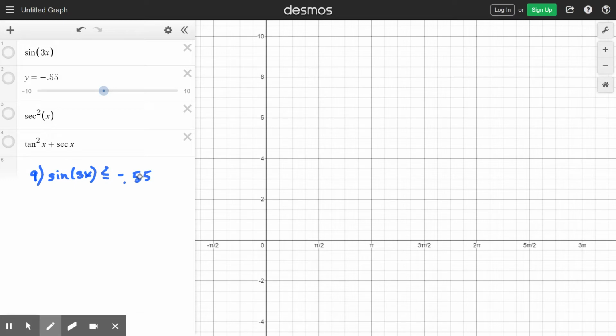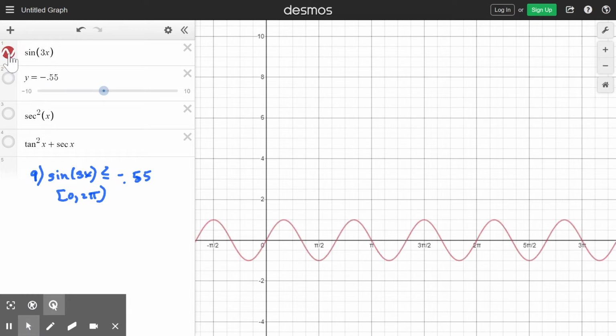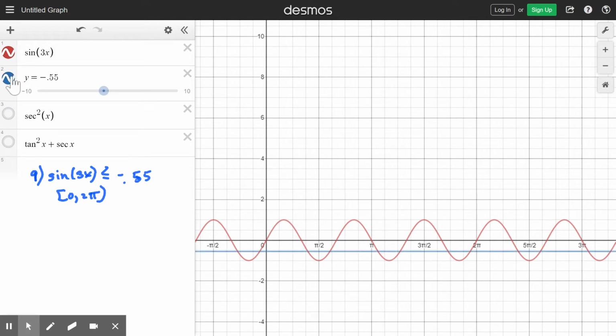Okay, we are going to assume that he wants to solve it from 0 to 2 pi. Okay, so we need to figure out where this first graph here, okay, is below or equal to this graph here.